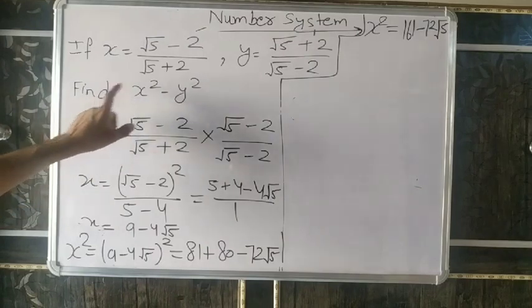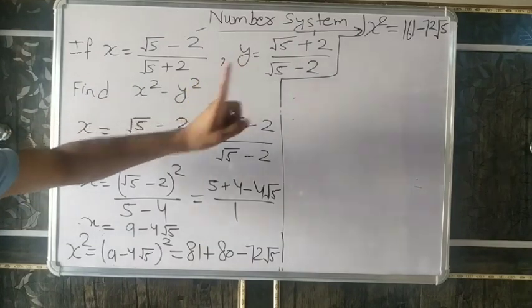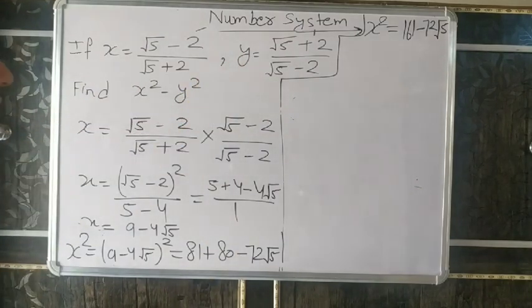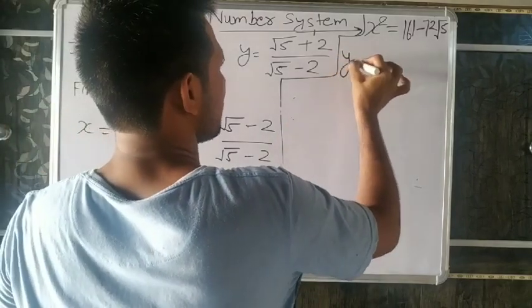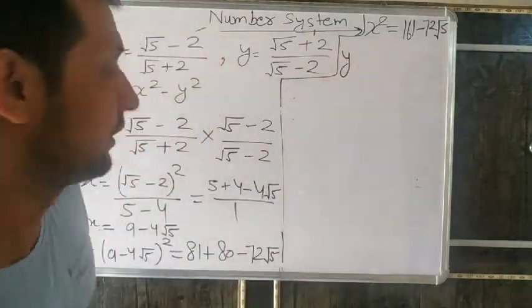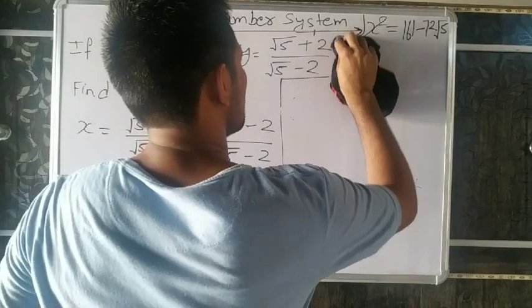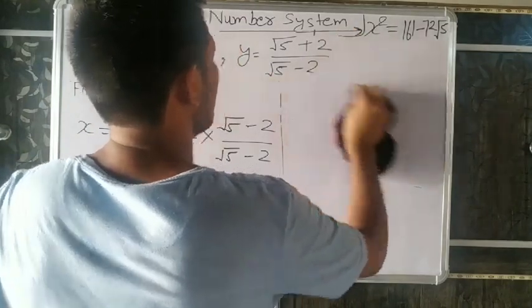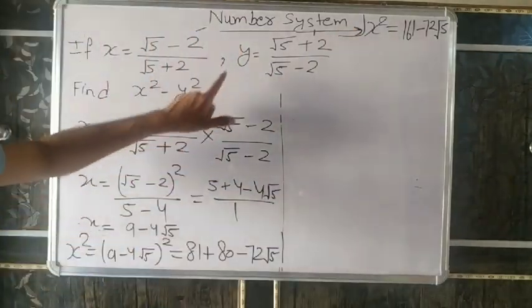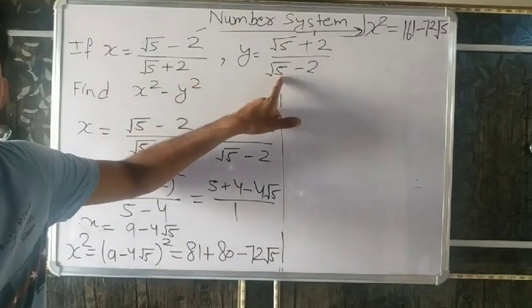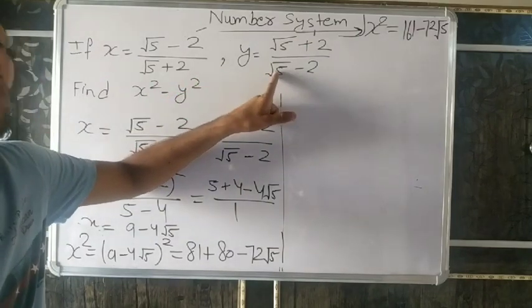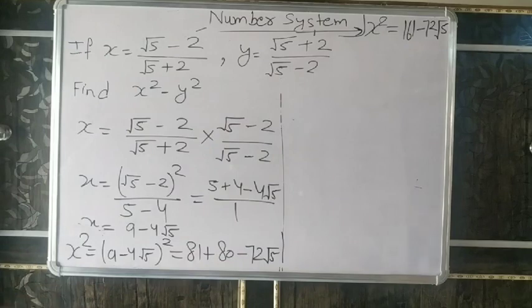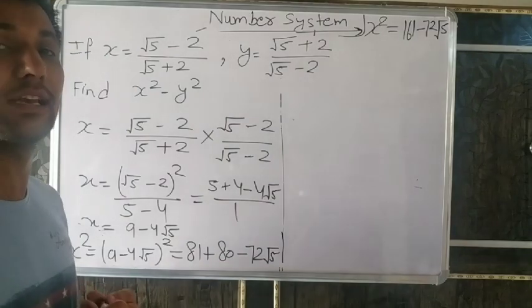Next, same as it is, we will find the value of y. Y equal to (root 5 plus 2)/(root 5 minus 2). First we will remove the square root. How do you remove square root? By squaring or rationalizing the denominator.